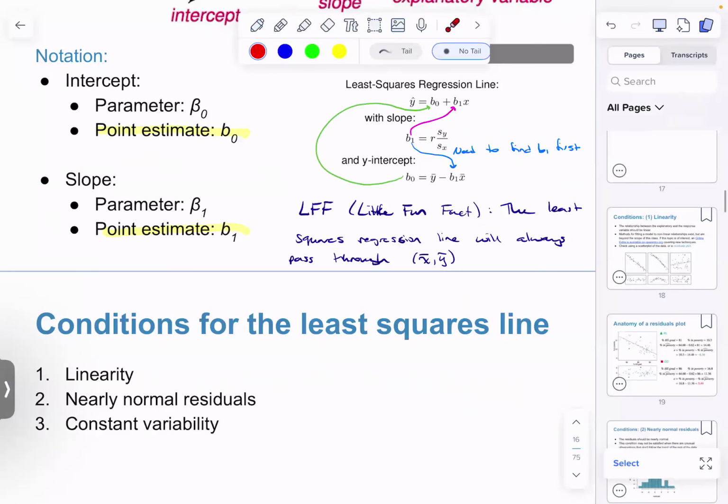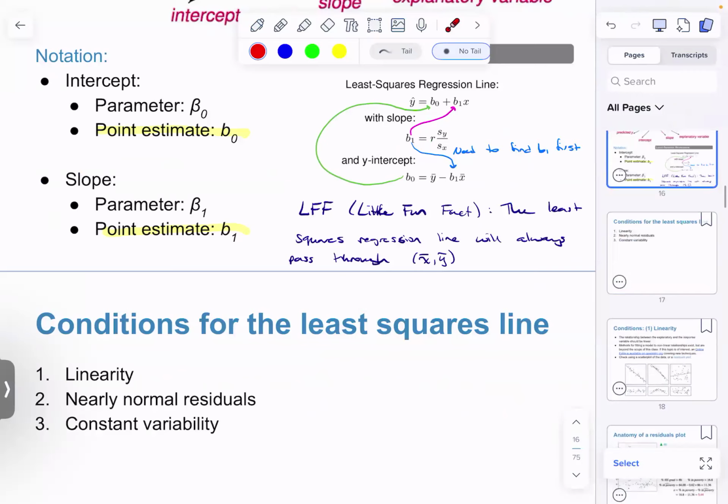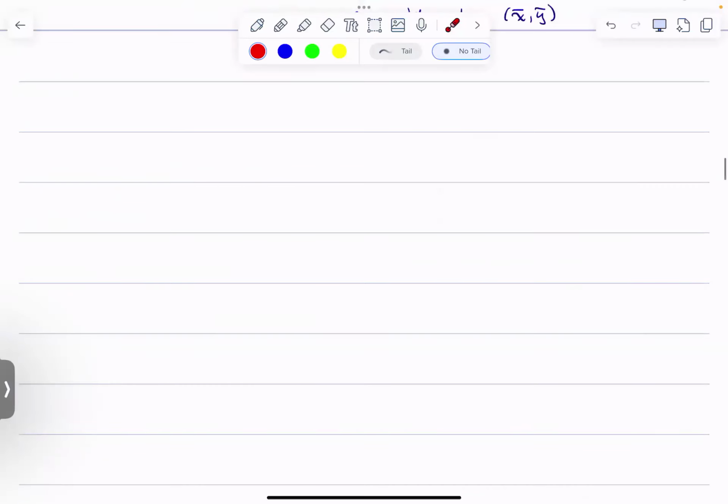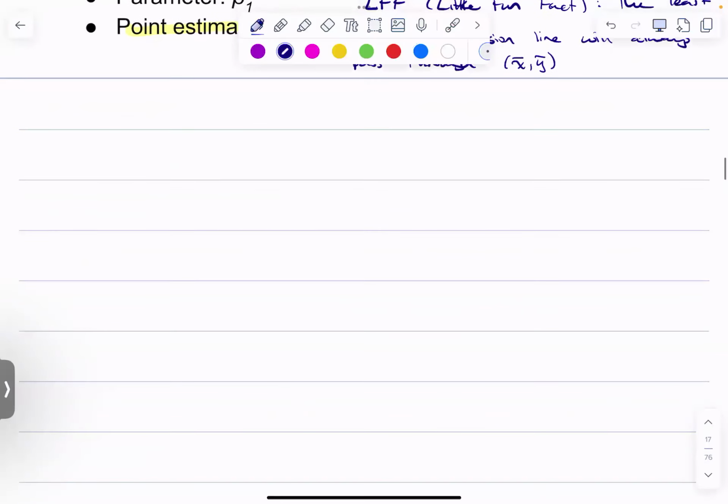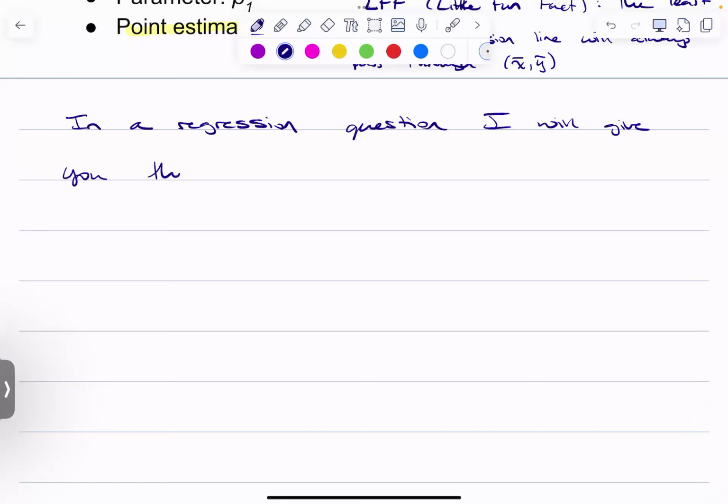I'm going to introduce it here. We'll talk about the conditions, but I do want to talk about, in a regression question, I will give you the following information.